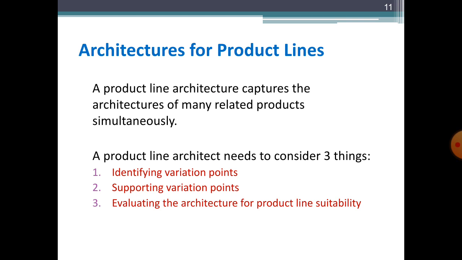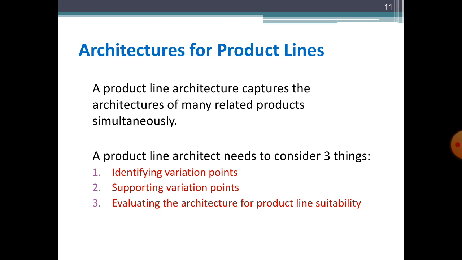So these different variations are discovered during the requirement process and the architectural design process as well.